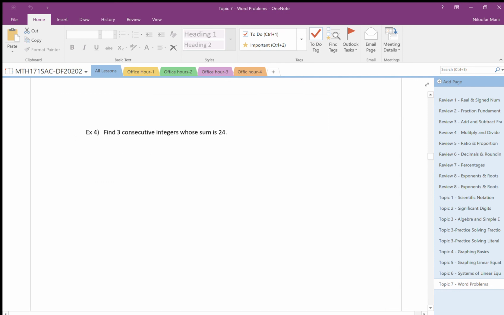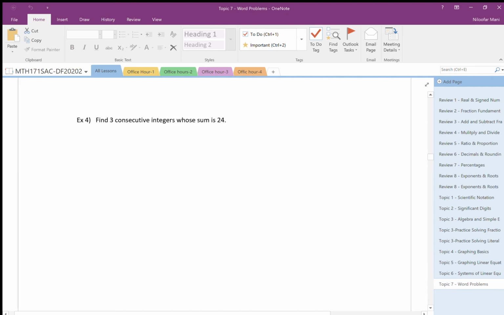So here we are doing word problems, and we want to find three consecutive integers whose summation is 24. You read the question, you know you are looking for numbers, and the summation is 24.